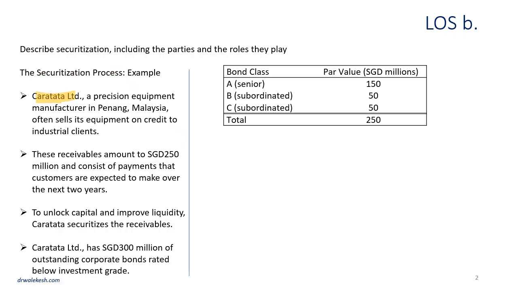Here we are dealing with Company C, a manufacturer of equipment, and this Company C often sells its equipment on credit to industrial clients. Since the sale is on credit, there will obviously be account receivables.